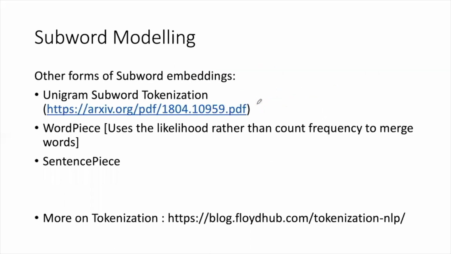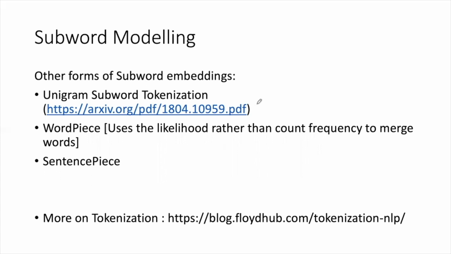There are other forms of subword tokenization, like unigram subword tokenization. It helps us prevent some of the issues present in byte pair encoding, because byte pair encoding can have multiple valid encodings for the same word. To prevent that, we introduce a concept called likelihood of pairs.